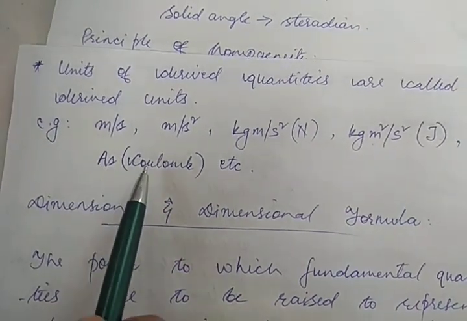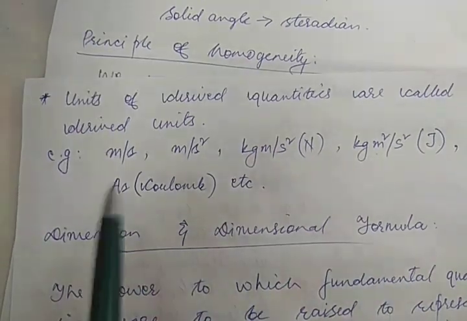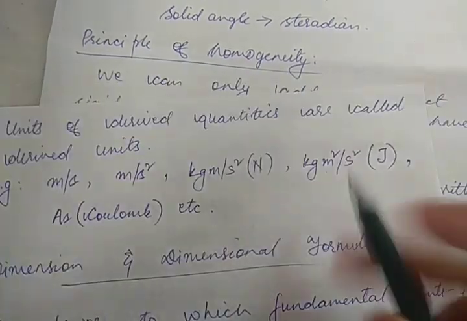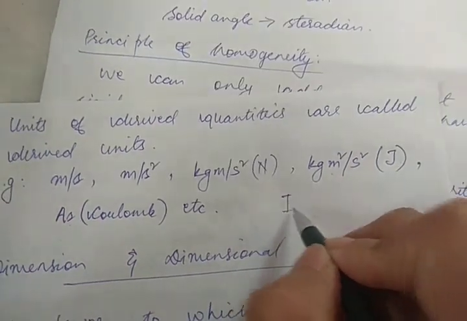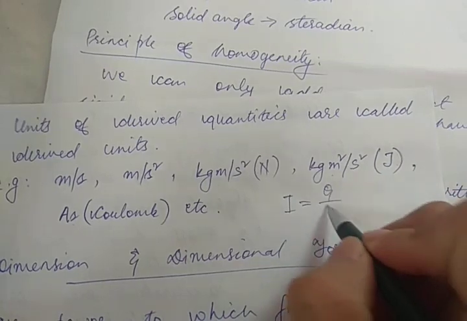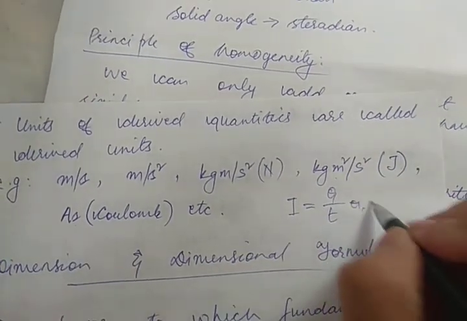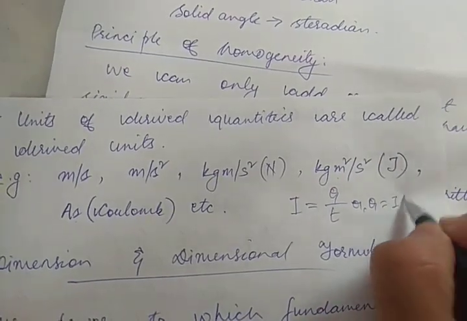Ampere second is also called coulomb. Coulomb, of course, is the unit of charge. So ampere second is the unit of charge. You must have learned in class 10 itself, current is rate of flow of charge divided by time. So therefore we can write charge is current into time.